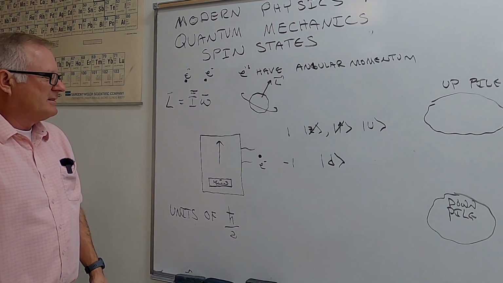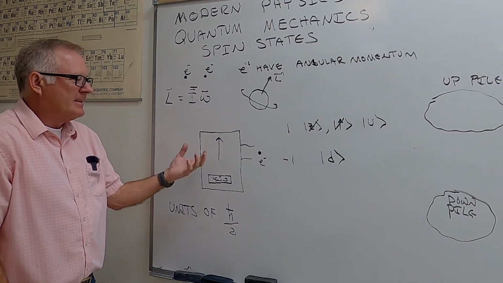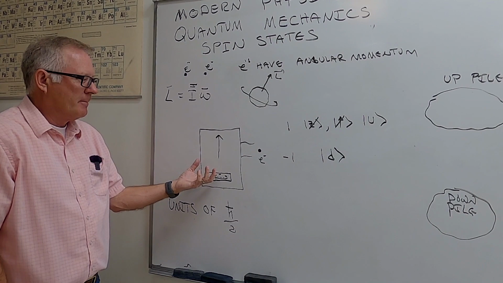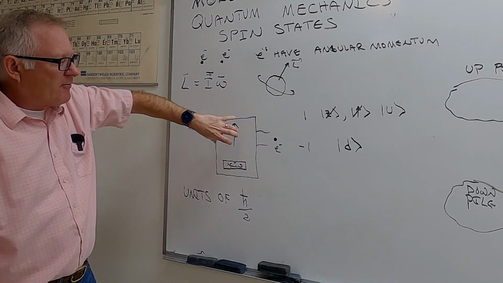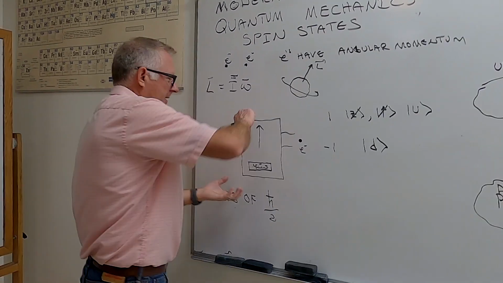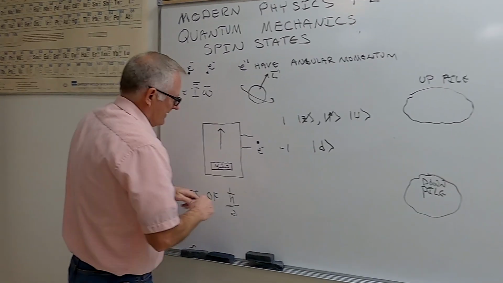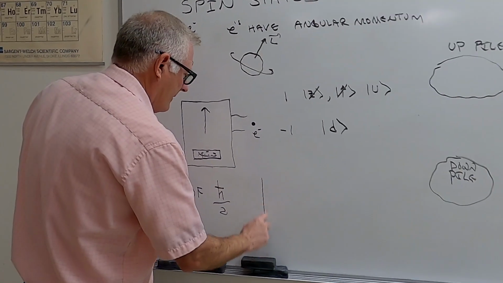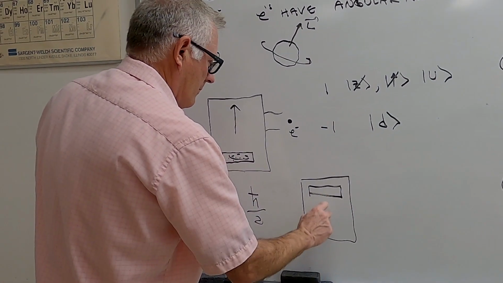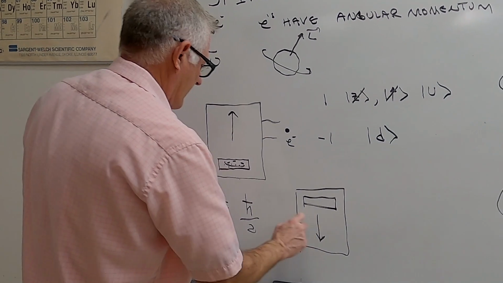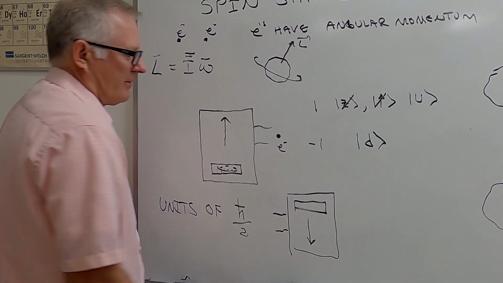Okay, well, let's take this device and let me flip it upside down. If I flip it upside down, then it's going to look something like this, and here's my leads coming out right here.